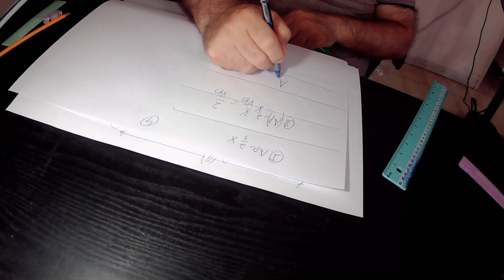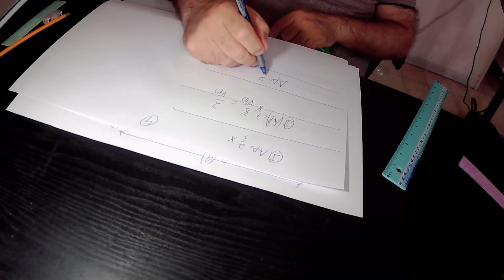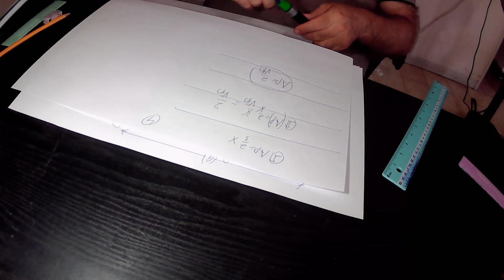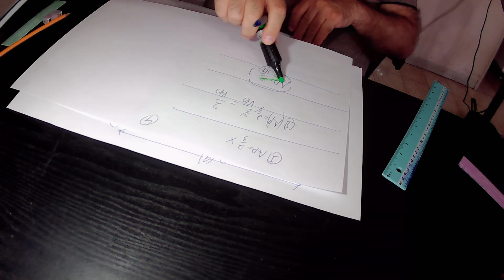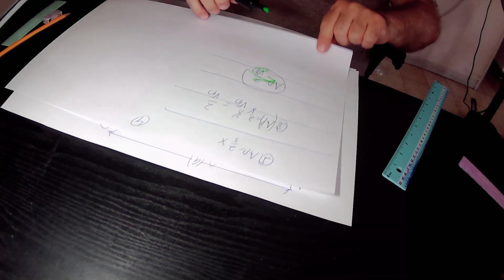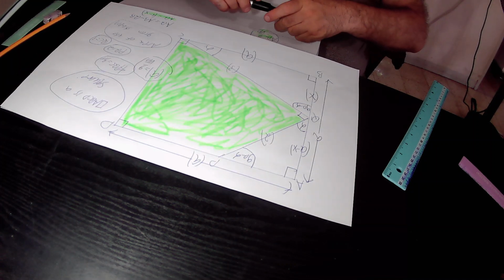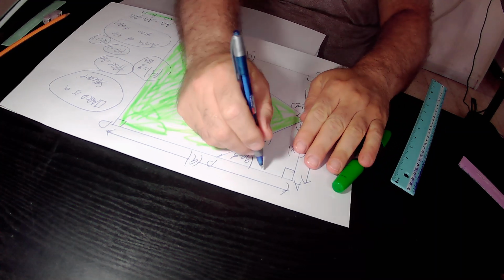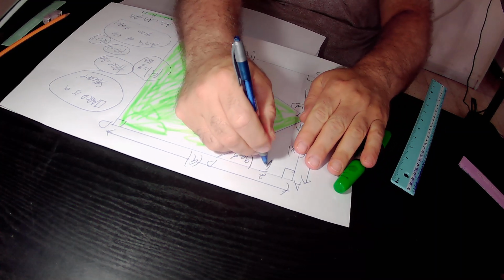And again, AP equals 2 over square root of 10 units in its length. So okay, this is line segment AP, which equals 2 over square root of 10 units in its length.